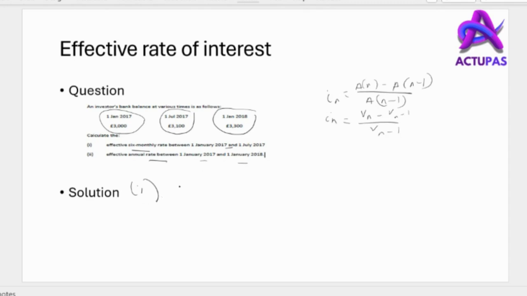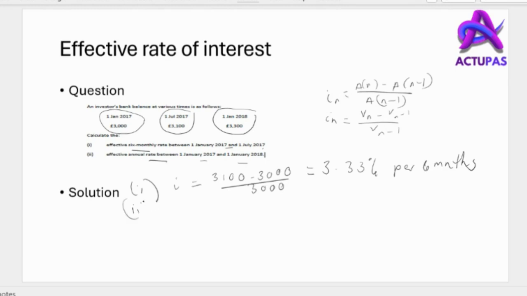So here for 1, we can get i by saying the value at time n, which is the last period, 1 July 2017, is 3,100, minus the value at time n minus 1, which is 1 January 2017, 3,000, divided by 3,000. Using a calculator, we get 3.33% per 6 months. That's the effective 6-month interest rate.